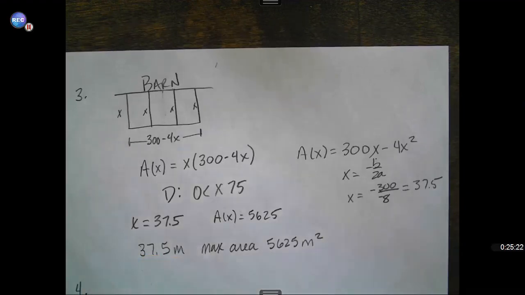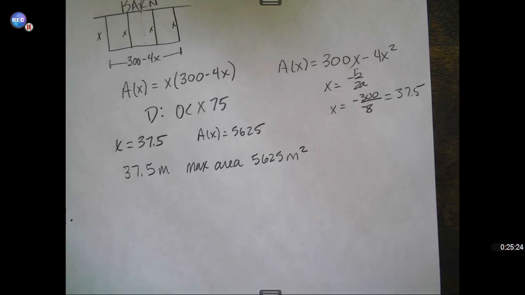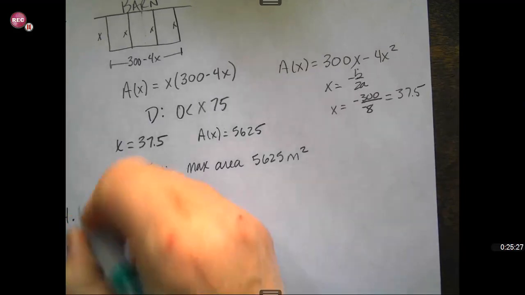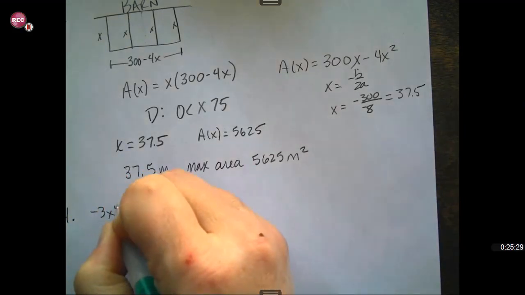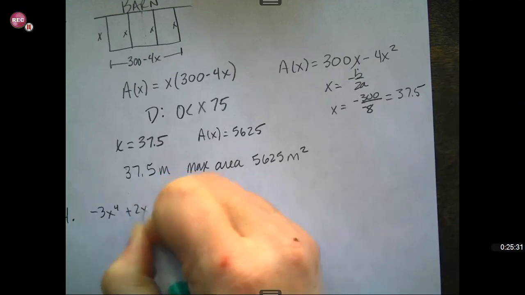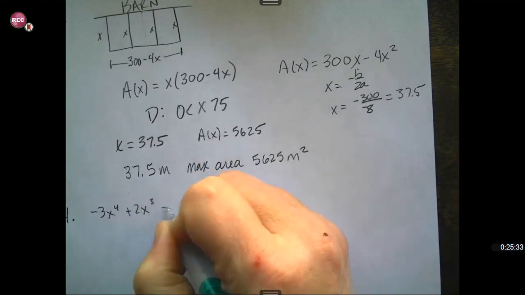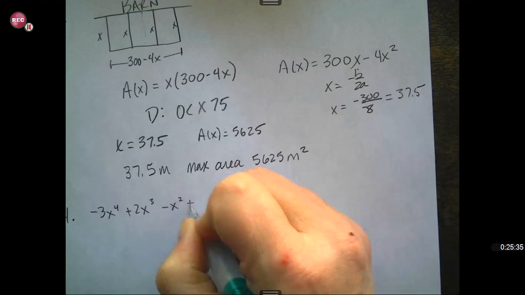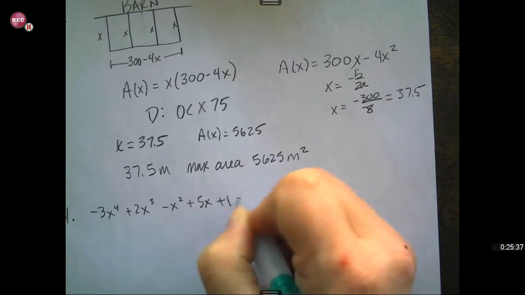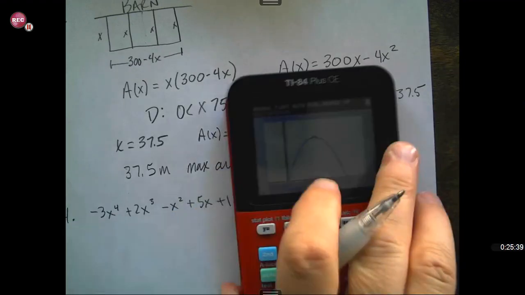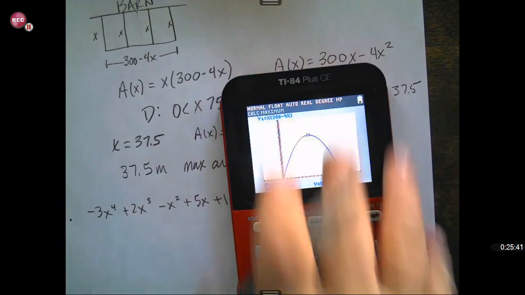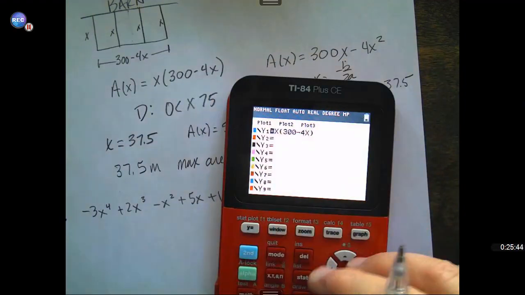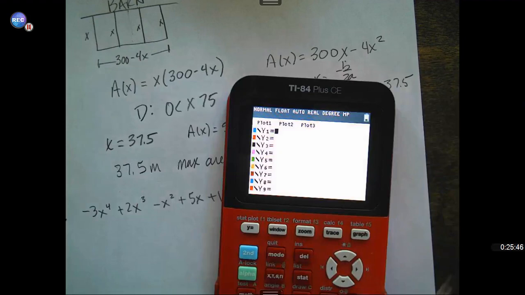Number 4, find the smallest positive root of negative 3x to the 4th plus 2x to the 3rd minus x squared plus 5x plus 1 equals 0. So again, it is a calculator problem, so I'm going to plug that into my calculator.